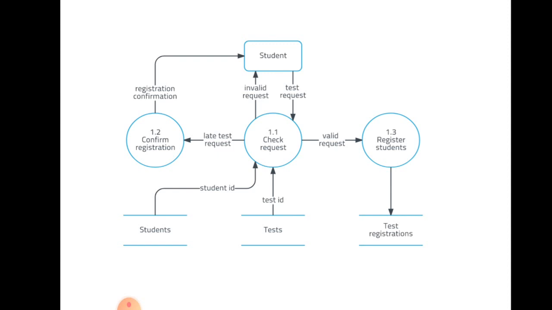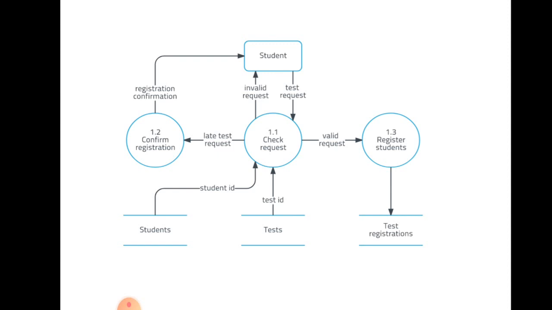Initially the student sends a test request to the check request process 1.1. The check request process sends the request on to register students if the request is valid. There are two conditions: the request is valid or the request is invalid. If the request is valid, the process goes on to register students.